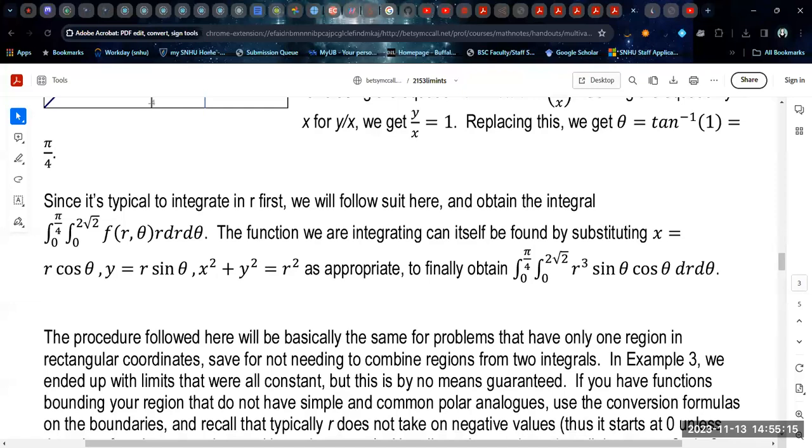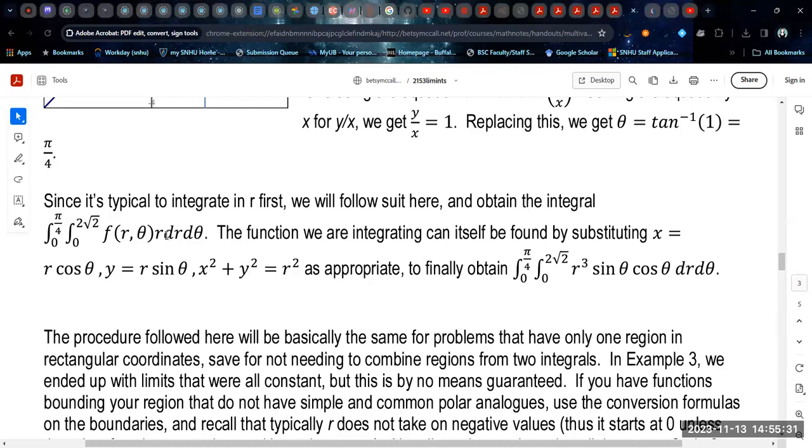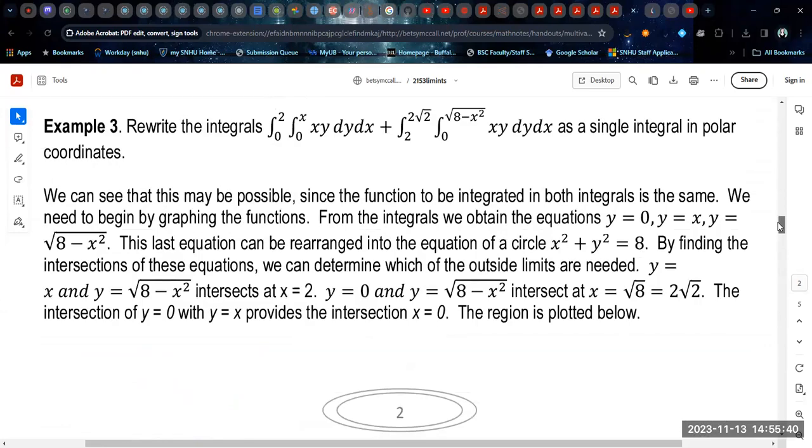And so when we set up our bounds, theta goes from 0 to pi over 4, and radius goes from 0 to 2 square root of 2. But because we're switching to a completely different coordinate system from x and y, we have to change not only our dA to r dr d theta instead of dy dx, we also have to change our function. The original function was xy.